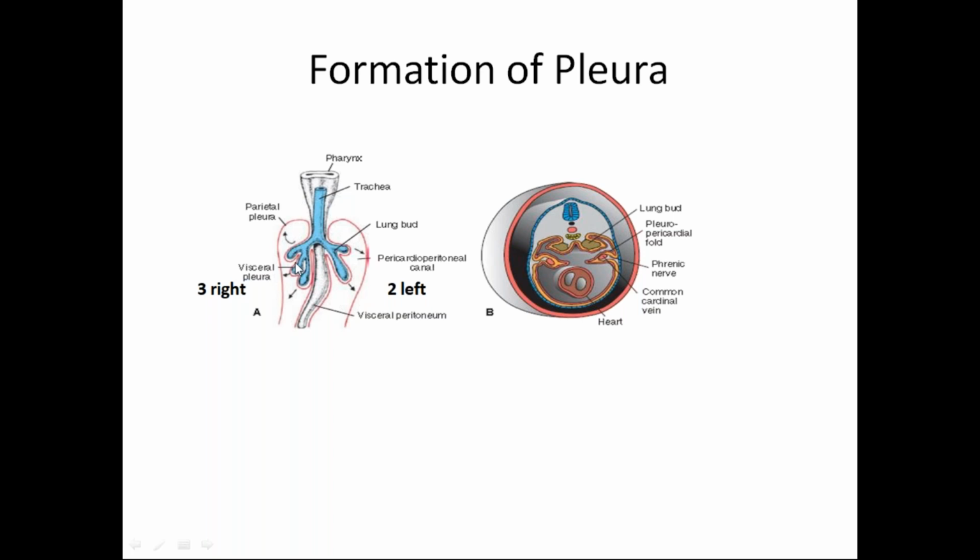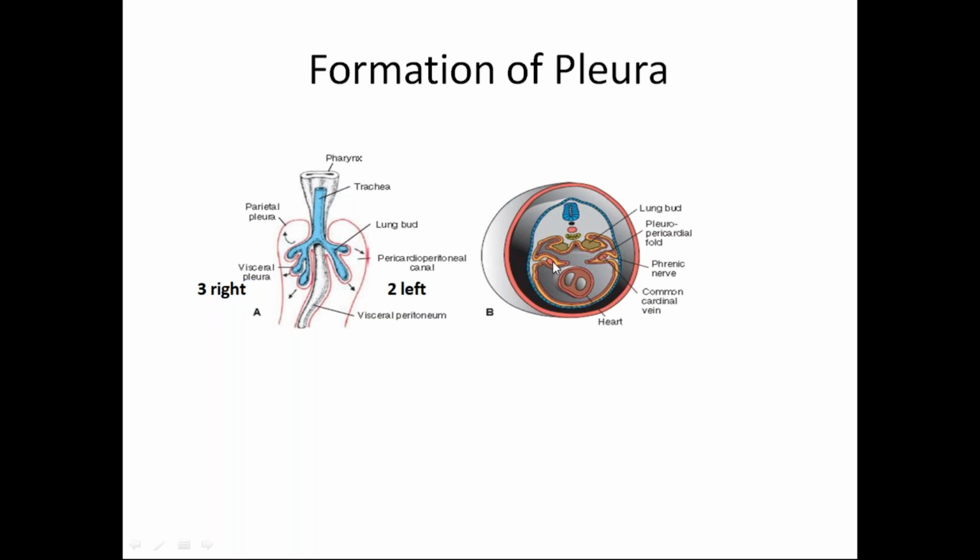This is the parietal pleura, and the part of the visceral mesoderm which is closely associated with the lung is forming the visceral pleura. The one with the body wall is the parietal pleura, which I've already discussed before. But this is what you are trying to see again. So this is the visceral, this is the parietal. And this is the phrenic nerve.